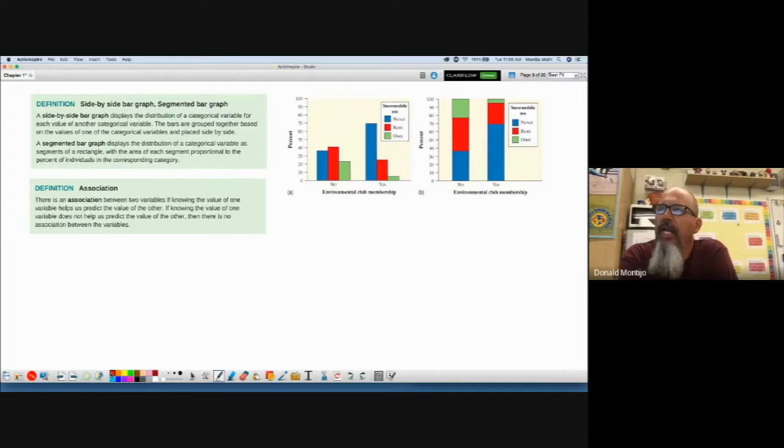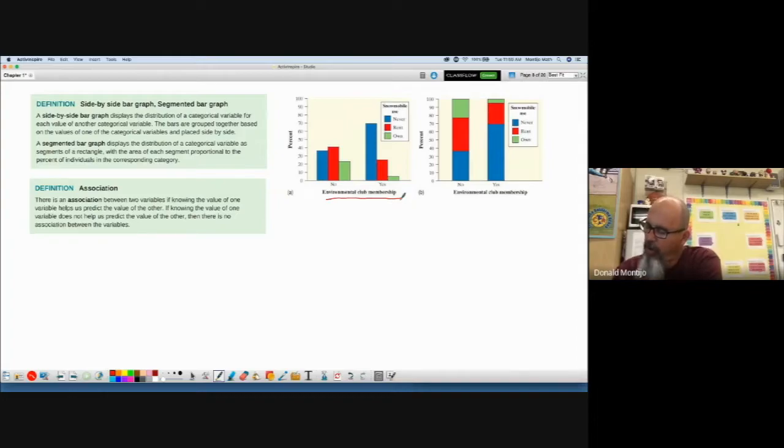It's in percentages, it's not in counts. The bars are grouped together based on the values of that one categorical variable. So we're looking at this in terms of environmental club membership. Yes or no? Yeah, I'm in the environmental club.